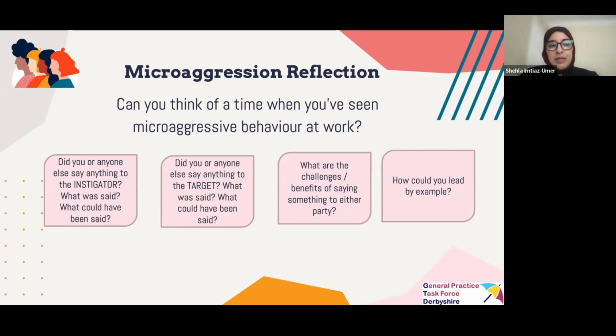Did you or anyone say anything to the instigator, the person who's perpetuating or saying something that's a microaggressive comment or behavior? What could have been said and what was said? And thinking about the target of that microaggressive behavior or comment, what was said and what could have been said? And when you're thinking about these kinds of situations, what are the challenges and benefits of saying something to either party, and how could you lead by example?